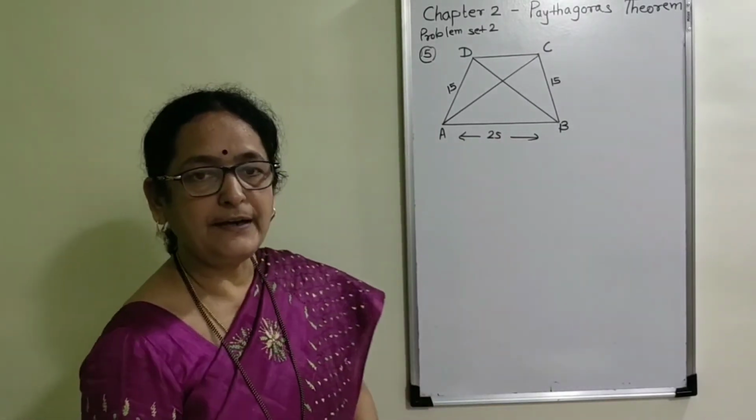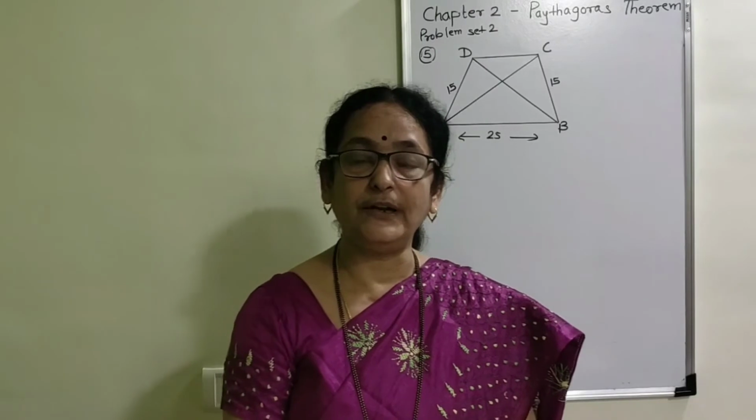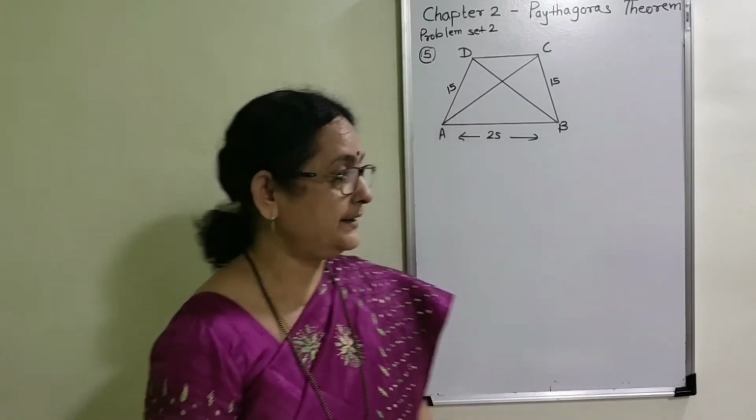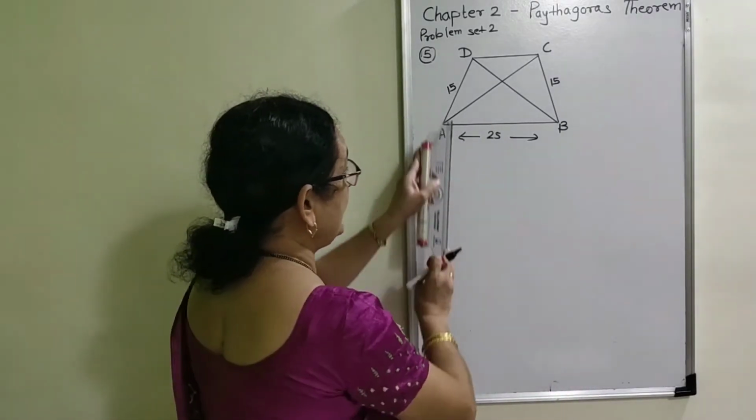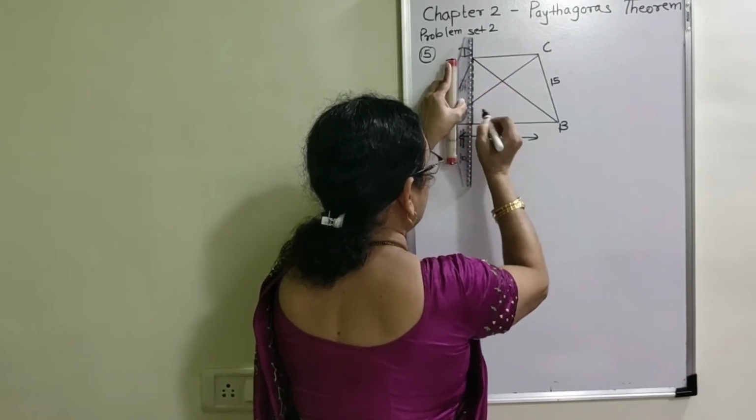Now to find area of the given trapezium, we know the formula that we need the height of the given trapezium as well as the length of parallel sides of the trapezium, and therefore we will do one construction, that is draw perpendicular on AB.